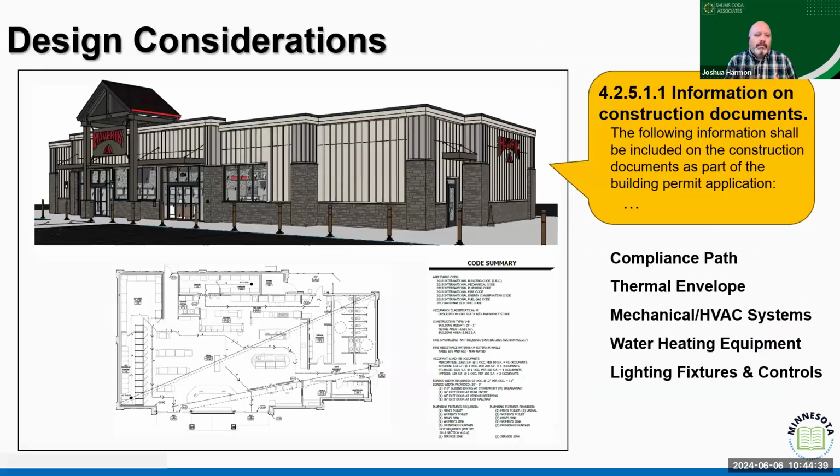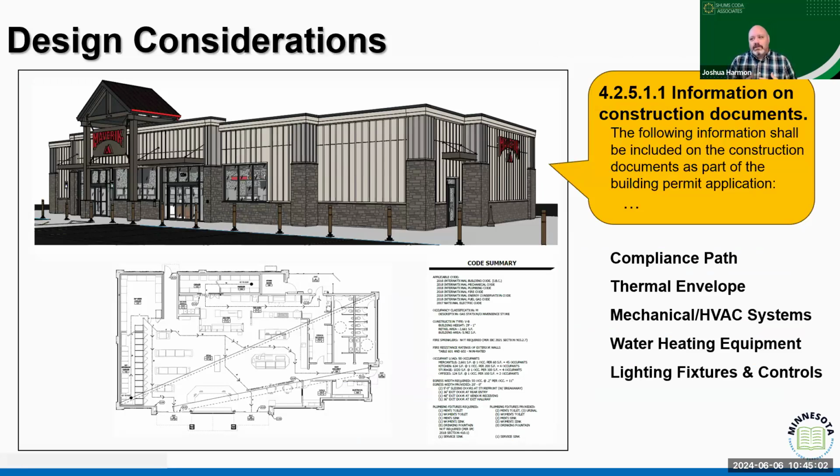But what we know about the code is the code is really fundamentally pushing us to knowledge, right? Control. Like I say a lot of times, the more I know, the more I can be comfortable in approving a project. And with that comes the recognition that we need to know what's going to be done in that project. And we expect that information on our construction plans.